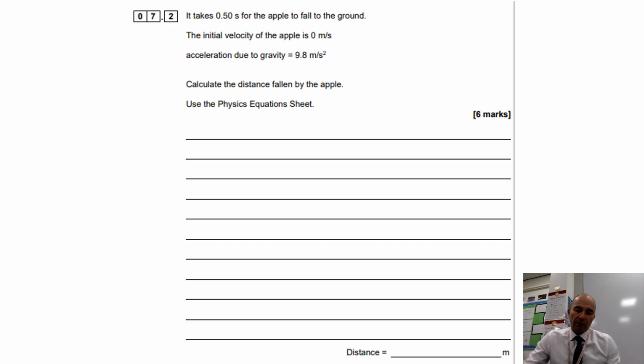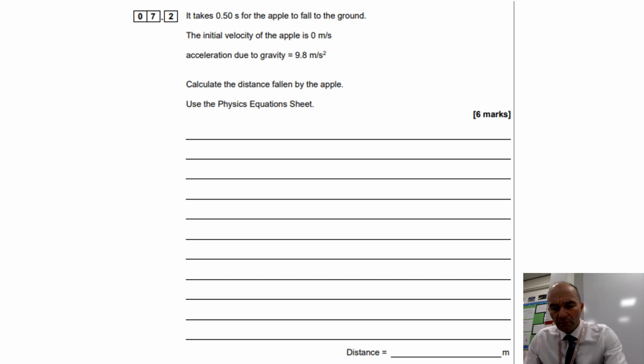Right, this next question is great, and it is one of those where you're going to need to use 2 formulas. So if it takes half a second for the apple to fall to the ground, the initial velocity of the apple is 0 meters per second. Acceleration due to gravity is 9.8 meters per second squared. We need to calculate the distance fallen by the apple.